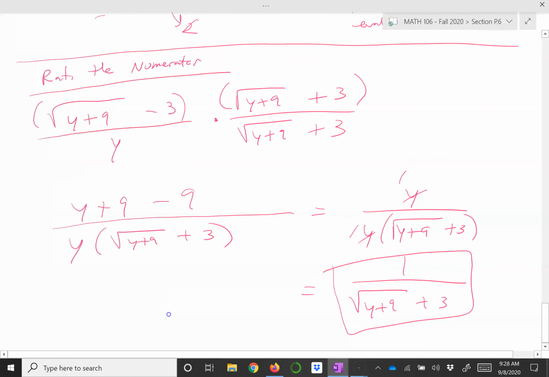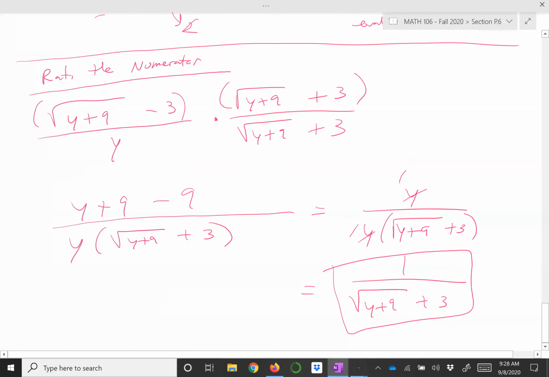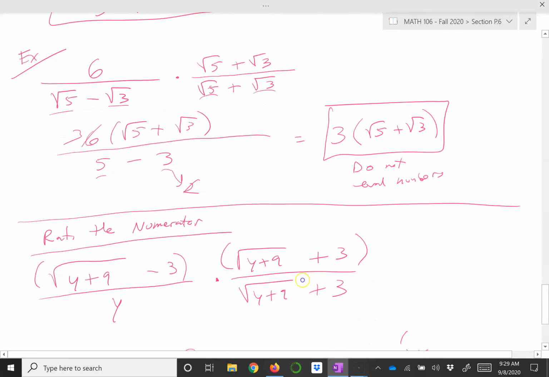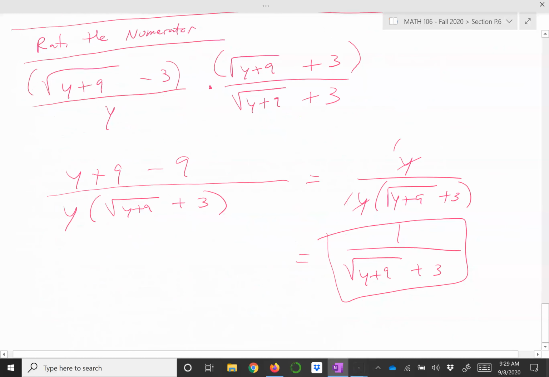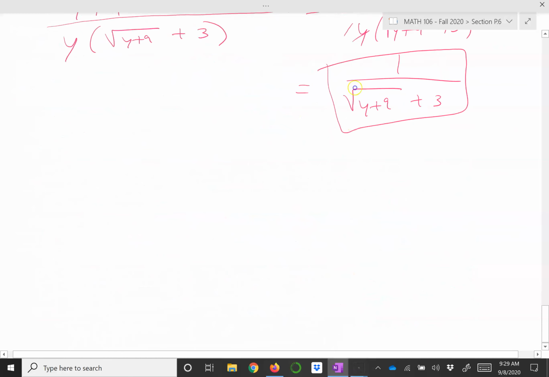So instead of having the square root in the numerator, we now have it in the denominator. Okay? Again, it's really the same process. It's just doing it for the numerator instead of the denominator.